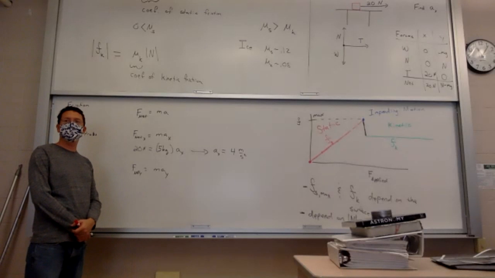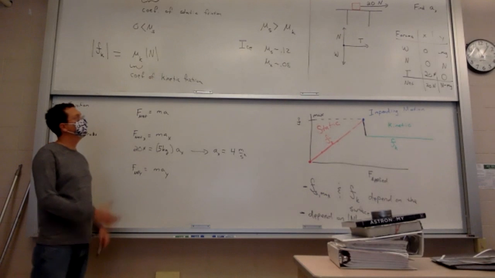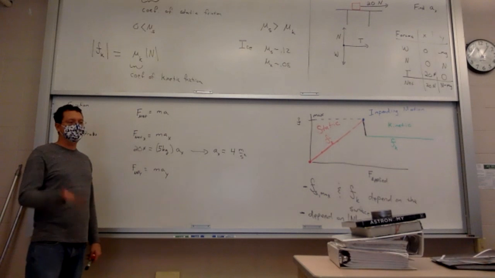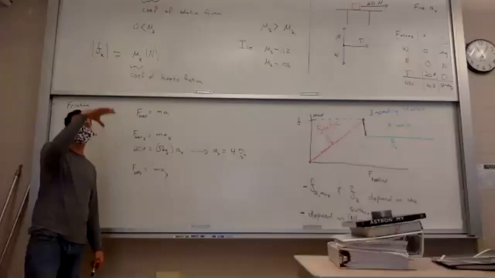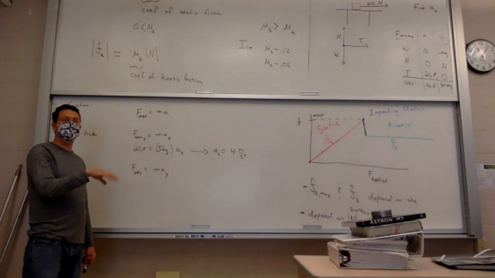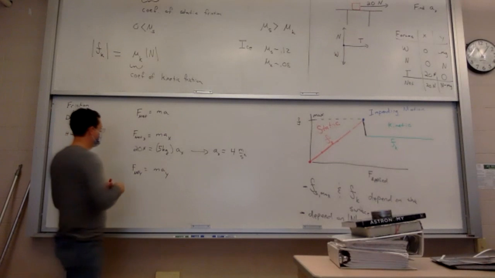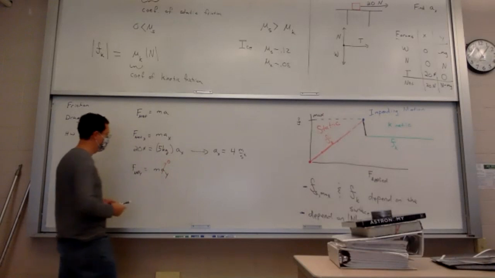Is the box moving in the y direction? No. It's not like Dukes of Hazzard or Peter Pan or something. It can't fly. So there's no motion vertically in this problem ever. So the acceleration in the y direction is just 0.